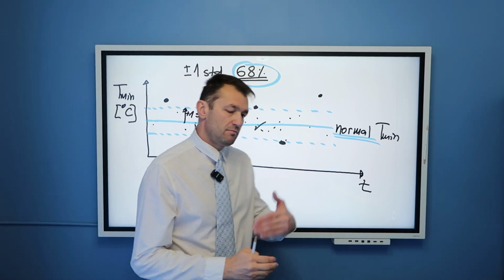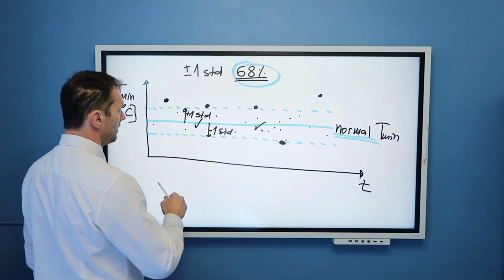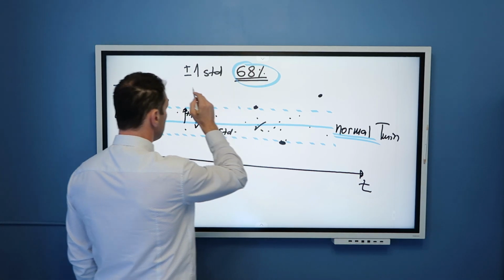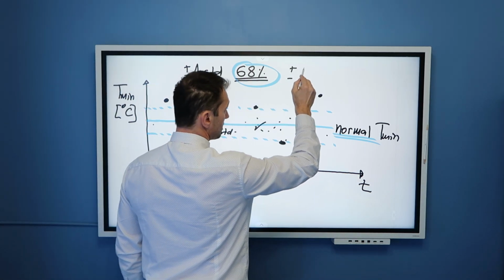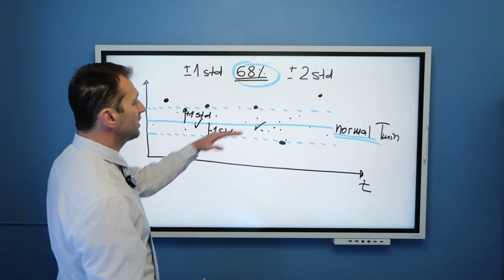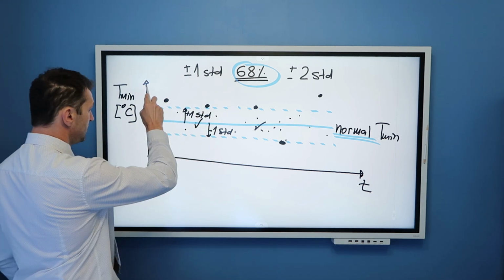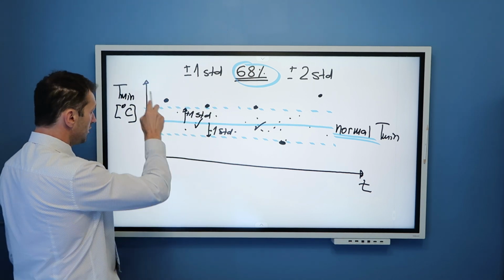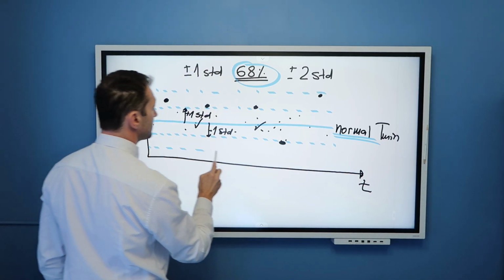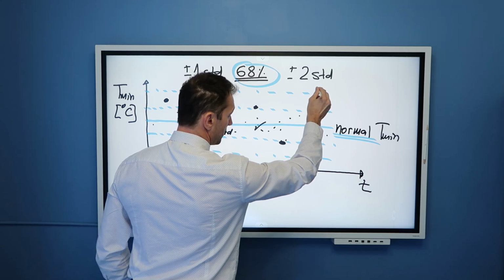Now, it's a decision an expert has to make whether he or she wants to use 1 standard deviation or maybe use plus minus 2 standard deviations to report variability around normal. If one uses 2 standard deviations, then you add 1 more standard deviation here and you add 1 more standard deviation here.